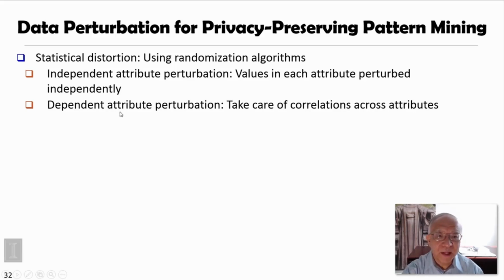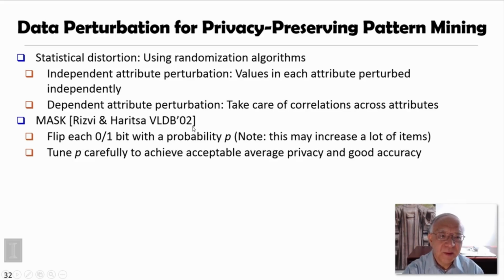But for pattern mining, you want to find the correlations. So sometimes you may like to use dependent attribute perturbation, because with pure independent perturbation, these correlations may be lost. That means if you want to take care of the correlation across attributes, you may need to develop some dependent attribute perturbation method.